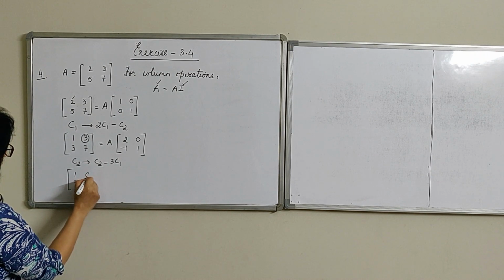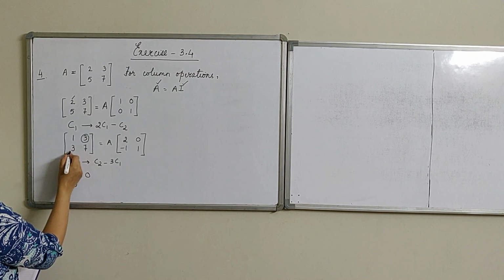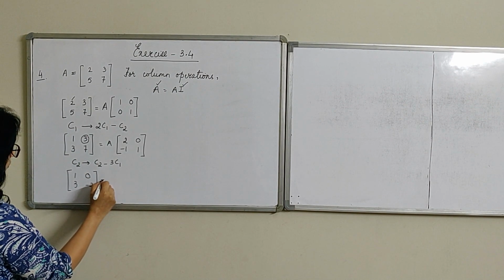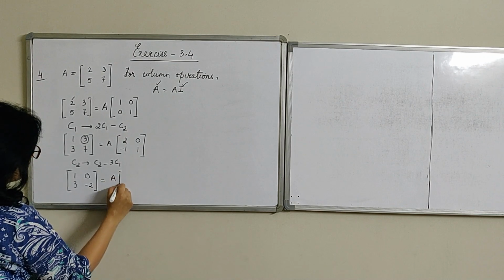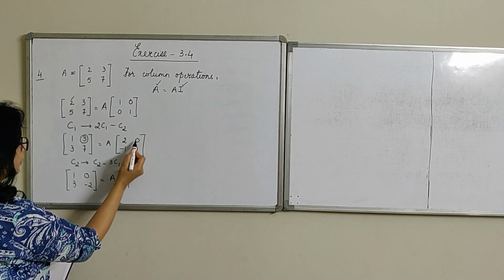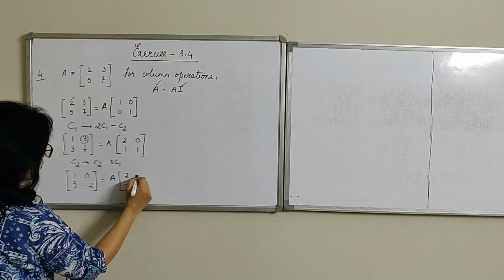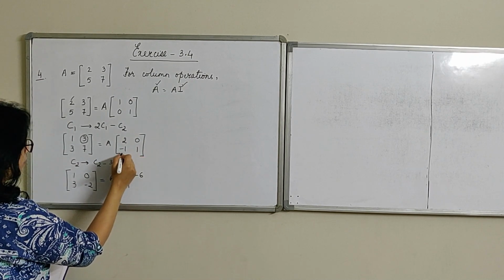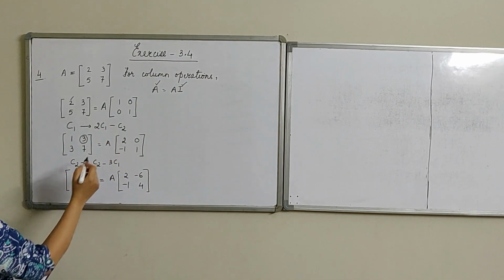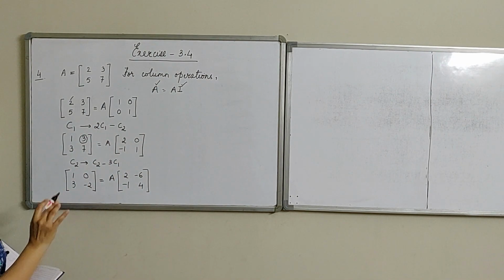Performing this operation, this element is 0. 7 minus 3 times, that is minus 2. On the right hand side, first column is same. Second column, 0 minus 3 times. This minus 3 times gives us 4. So after 2 column operations, we have obtained the first row.